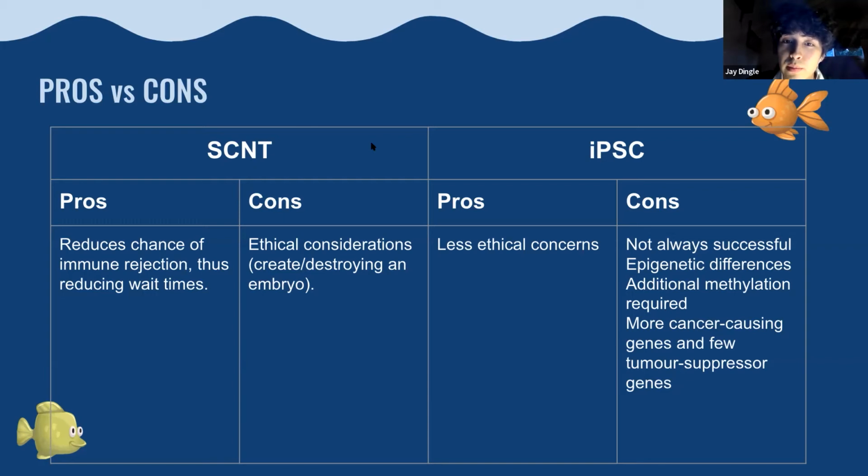Whereas with induced pluripotent stem cells, we don't have these kinds of ethical considerations by definition, but we can get a few more cancer-causing genes and a few fewer tumor suppressor genes, which will lead to the development of cancer. Additional methylation is required, and there can be some epigenetic differences, which means that it's not always successful. Epigenetic differences means that essentially some genes can be modified over time due to the environment that you grow up in.